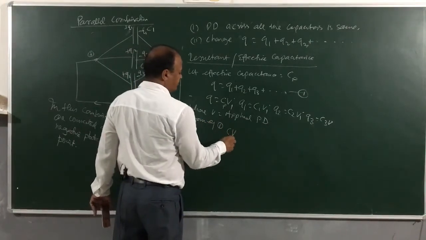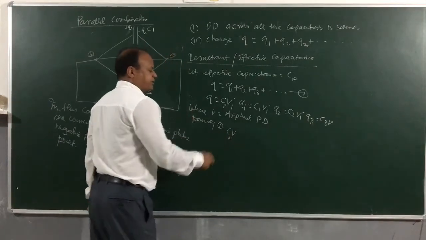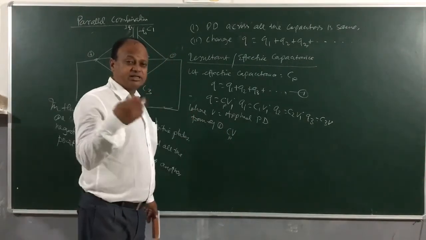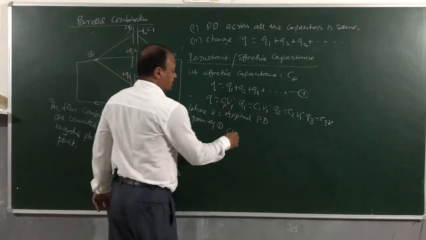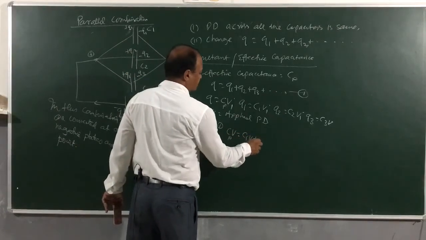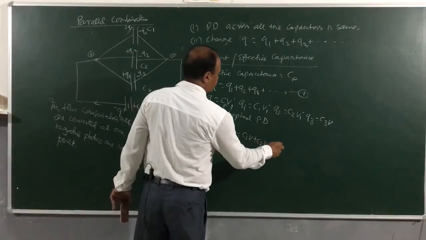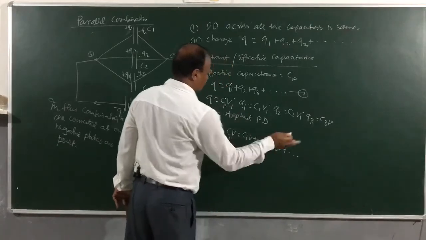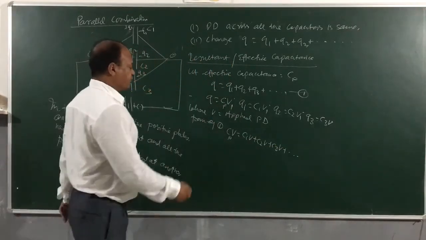Cp into V. Cp is the effective capacitance of the parallel combination. You can just write C also, there is no problem. C1V plus C2V plus C3V will go on. You can cancel out V from both sides. Then what do you get?